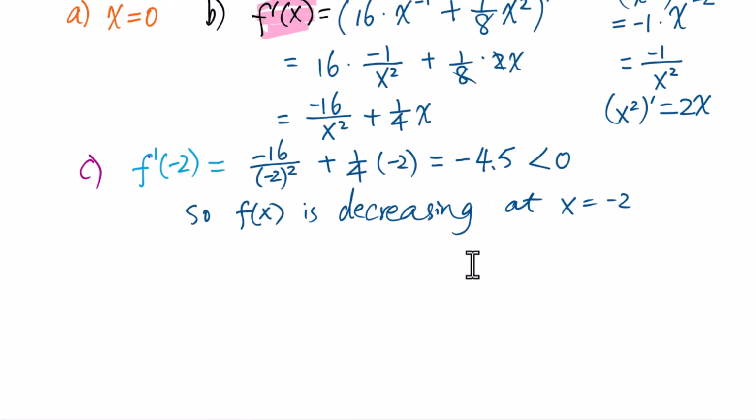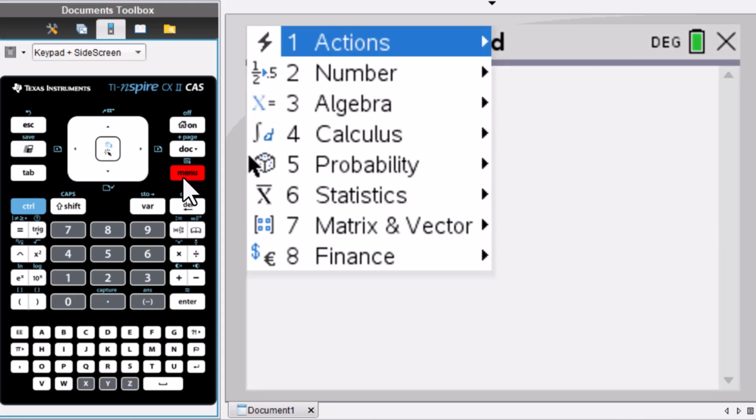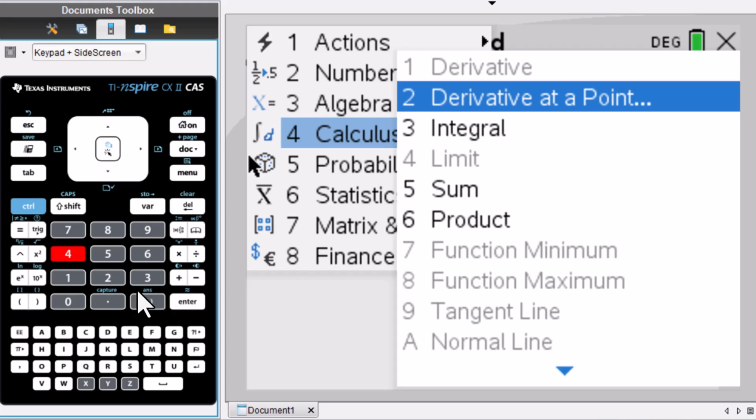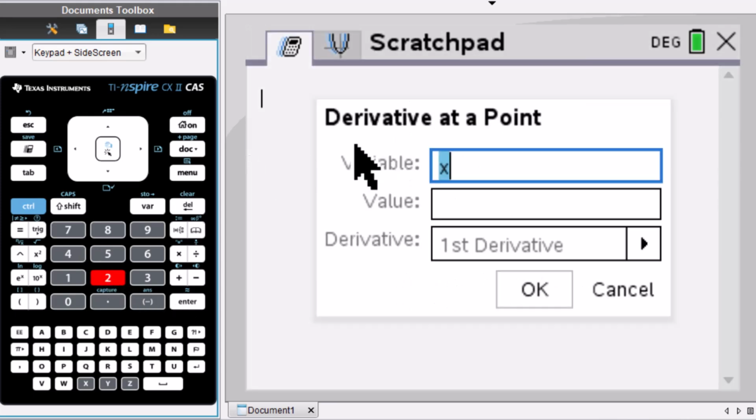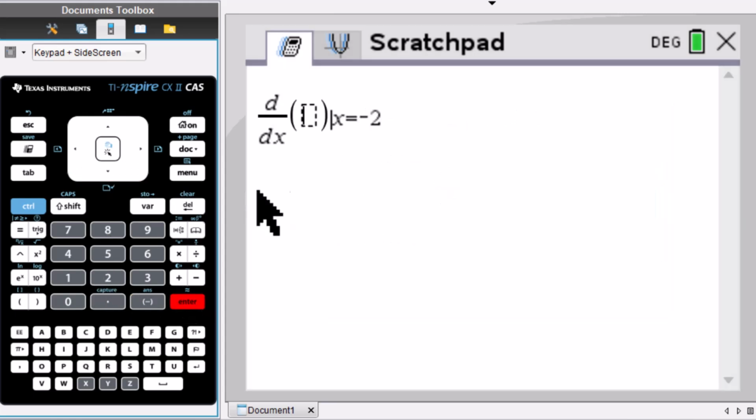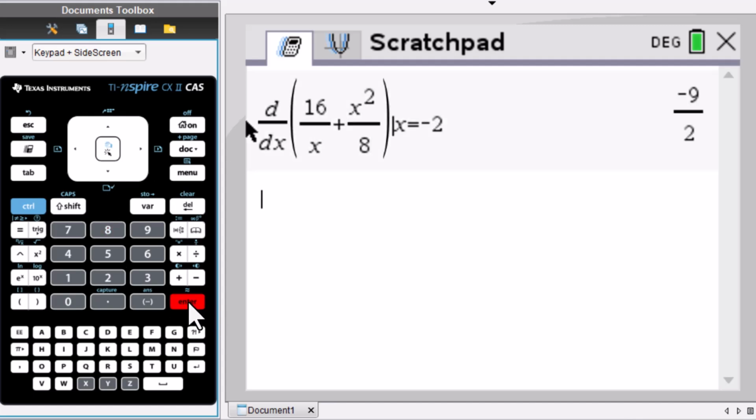Another way to work this out is by graphing calculator. First of all, go to menu, go to 4, 2. Variable is x, value negative 2. Enter. We got this derivative. Type in the original function. Then enter.